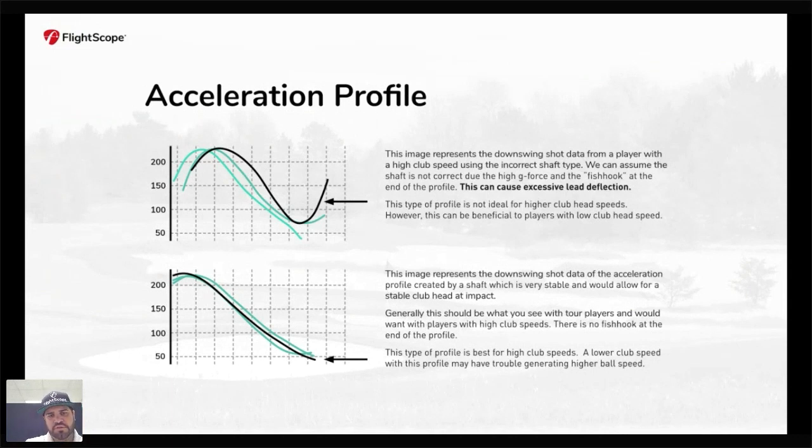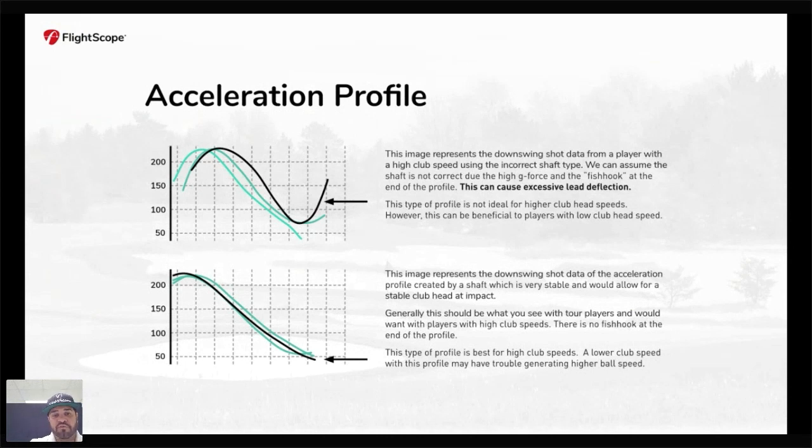So these profiles are very, very important for fitting, and it's actually one of the main reasons why Bubba Watson started using our technology, believe it or not, because of the acceleration profiles. He got on Bryson's unit when they were at the Ryder Cup, and he was hitting his driver and saw the acceleration profiles, and he's like, wow, this driver shaft I've been using for 13 years is really still working for me.